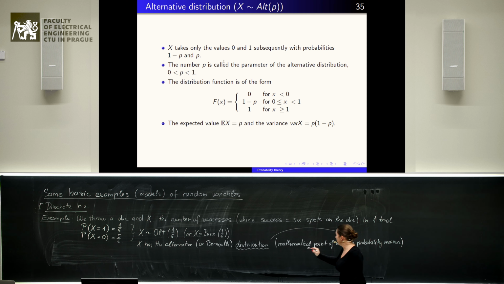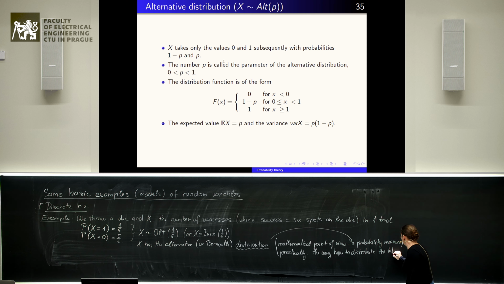But practically, we can imagine the term distribution as the way how to distribute the total probability, it means the number 1, among the taken values.